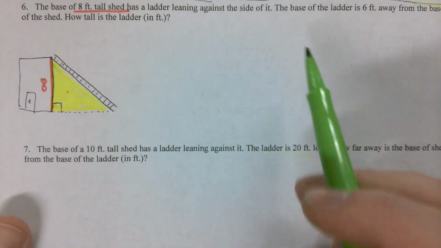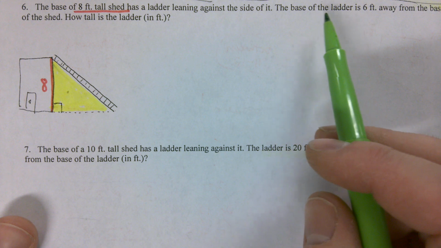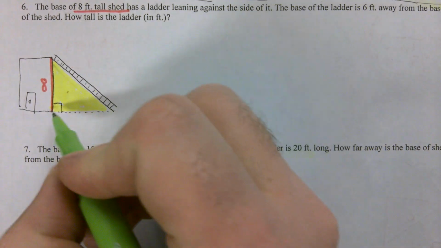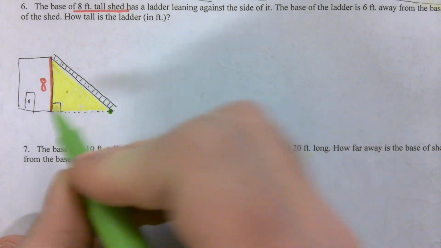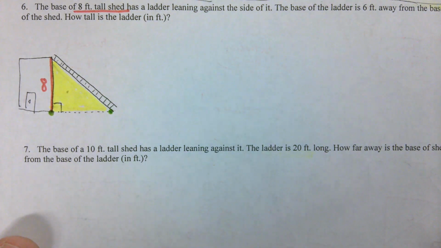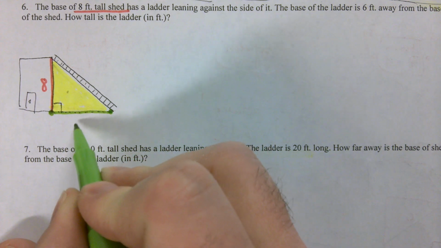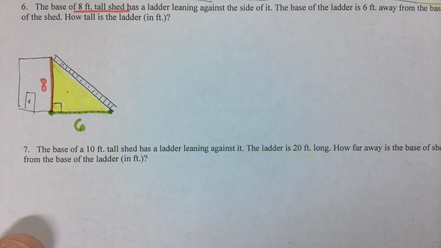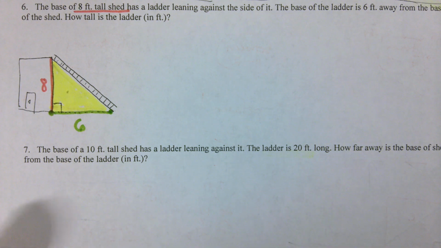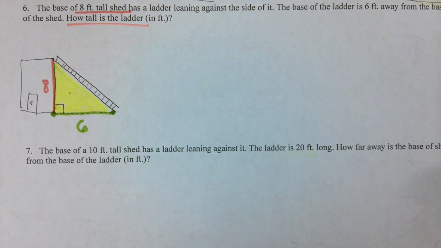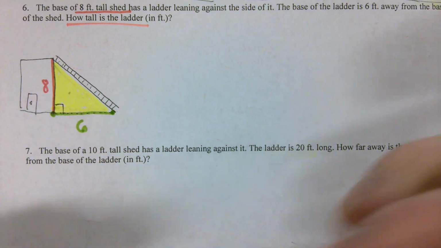The next sentence says the base of the ladder is 6 feet away from the base of the shed. Well, here's the base of the ladder. Here's the base of the shed. So this distance must be 6. What I need to find is the length of the ladder. What letter can we assign to our ladder? C.